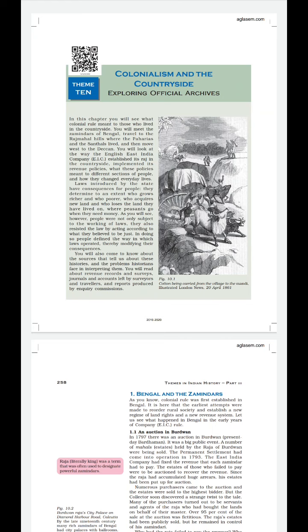Clear? So, in simple terms, it means the powerful country used to control the weaker or dependent country. Now, our first topic is Bengal and the Jamindars.